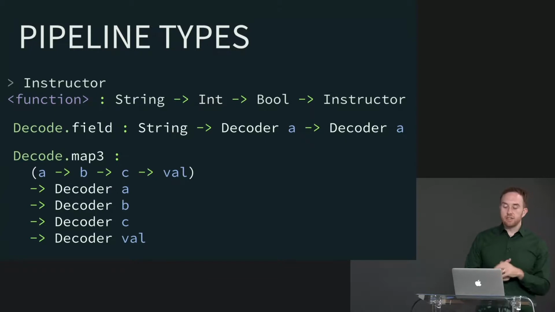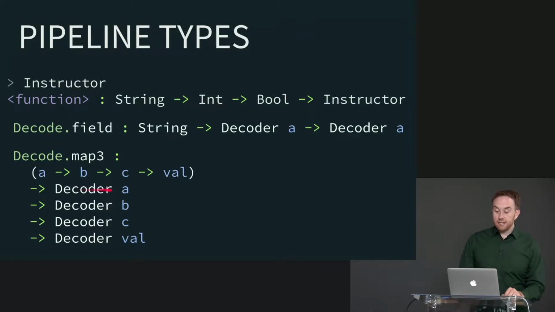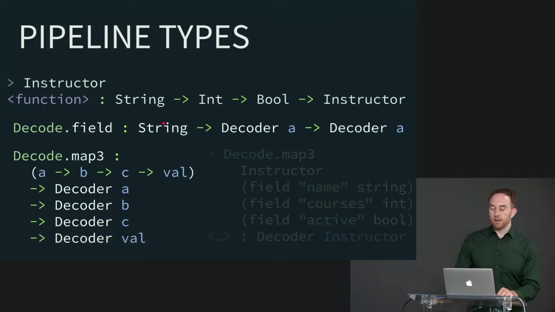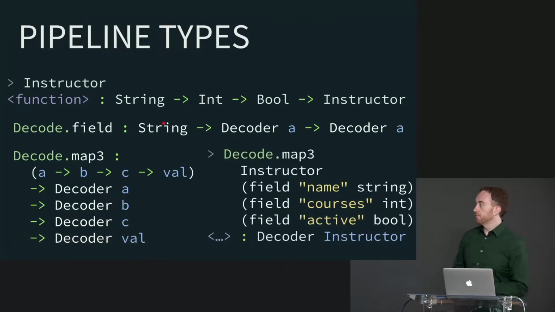We can say Decode.map3, pass our function right here, which is a string to int to bool, then pass a Decoder String, a Decoder Int, and a Decoder Bool, which we can use Decode.field to get as the corresponding fields on the JSON object. And then, by putting all these together, we say Decode.map3, Instructor, field name string, field courses int, field active bool. And what map3 is going to do is it's going to run them one at a time.